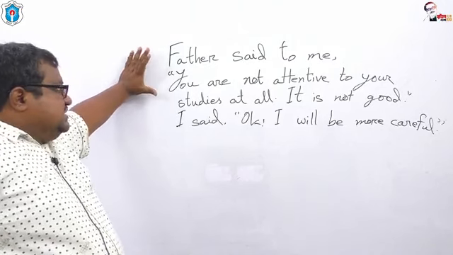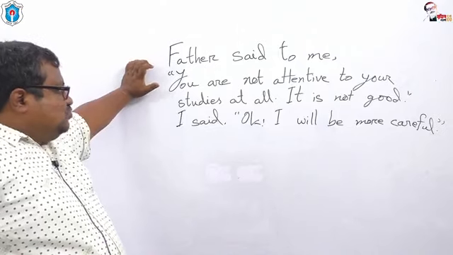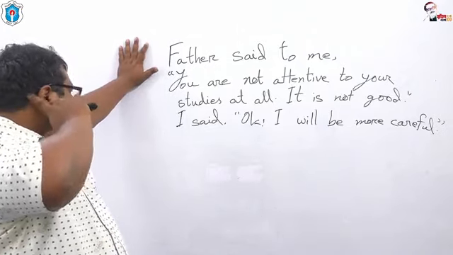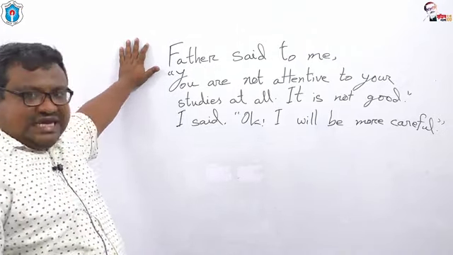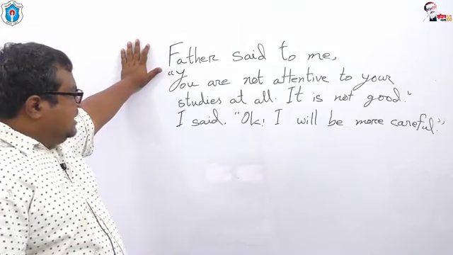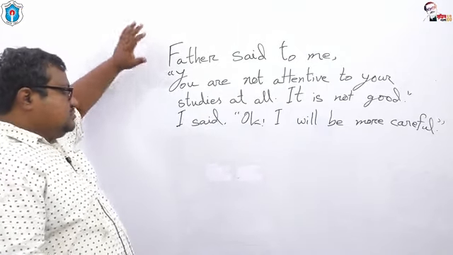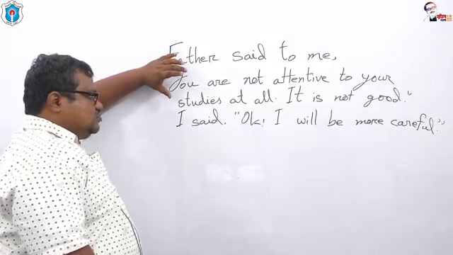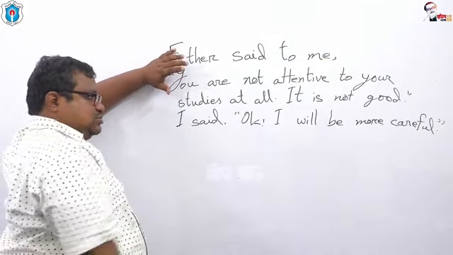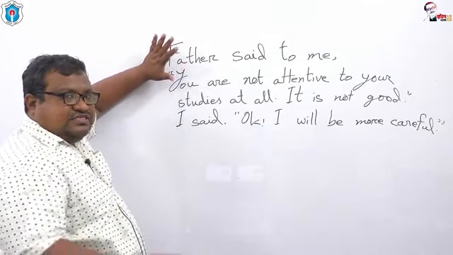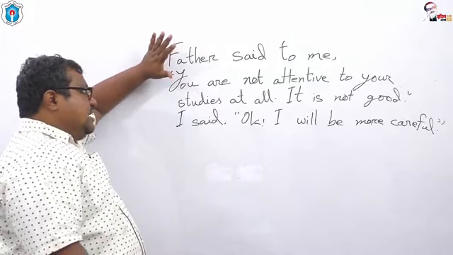Now, this is a very small passage where the father is speaking with his son, and the father is uttering two sentences. The son is uttering one sentence and giving a reply.